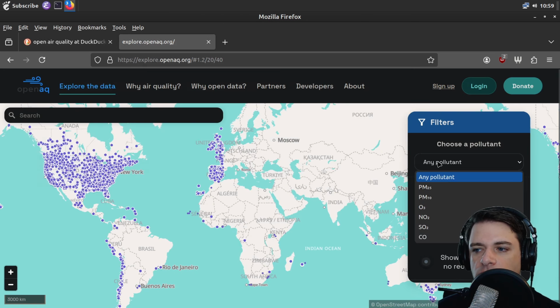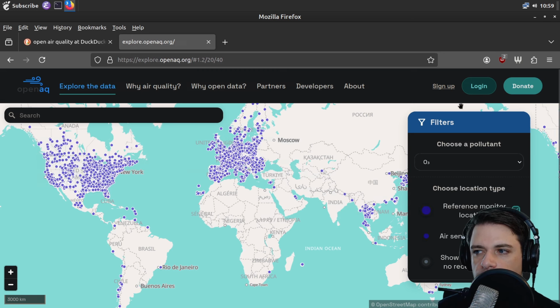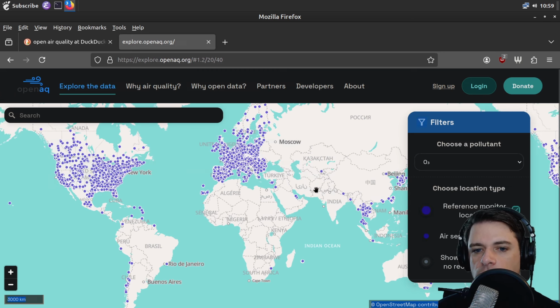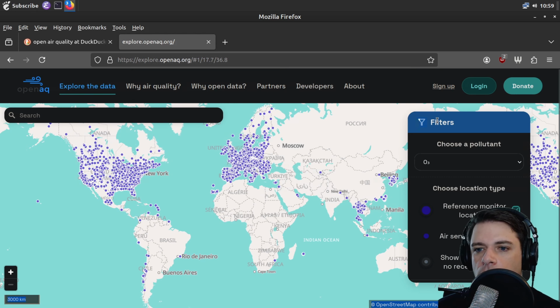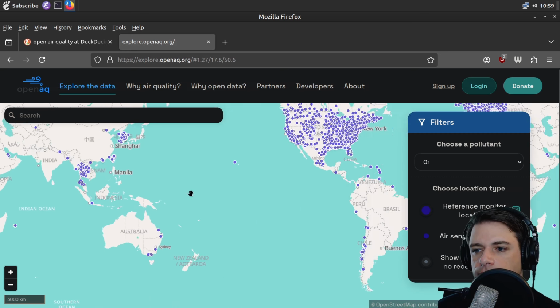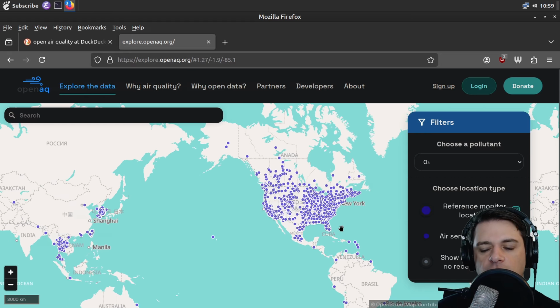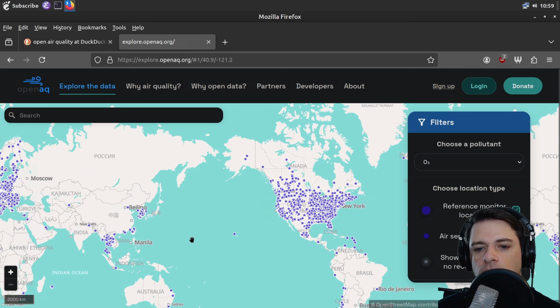Choose any pollutant. How about ozone? That's ozone, right? I think ozone is O3. So, yeah. Well, can I move this thing? It would be nice if I could move this out of the way. How do I get to, okay, so here's the US. It's basically all the population centers, I would assume.